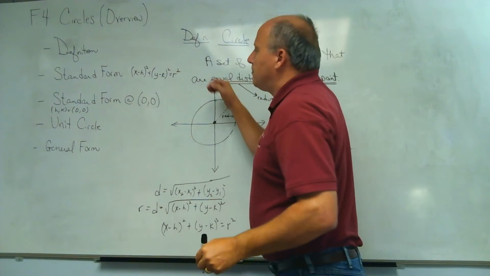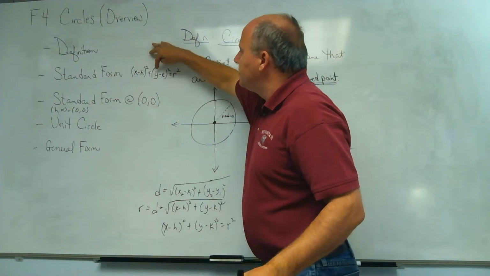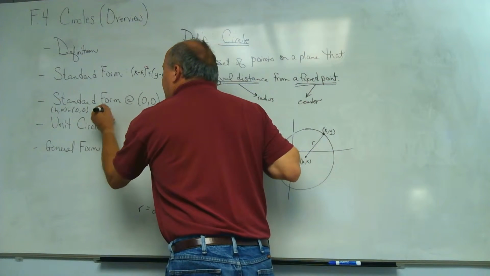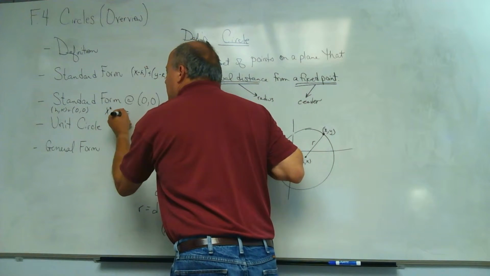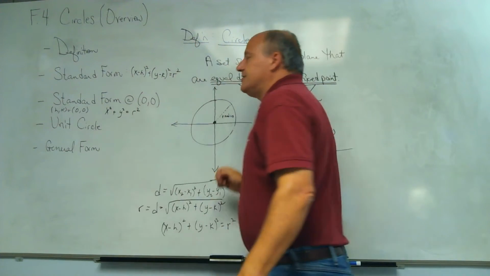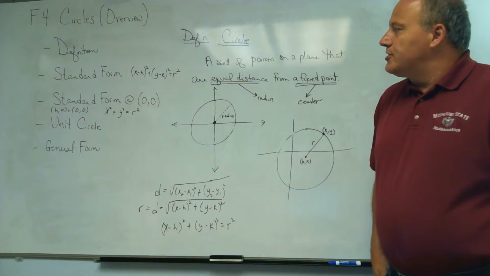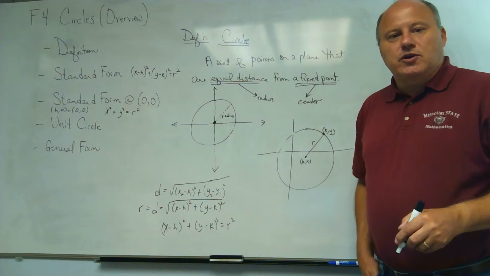So it's just a matter of plugging 0 in for the h and 0 in for the k. So it becomes x squared plus y squared equals r squared. Sometimes you'll see the equation of a circle looking like that.